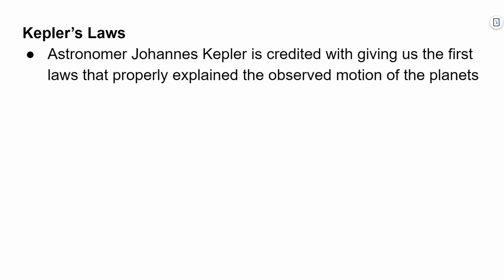So, there was an astronomer named Johannes Kepler, and he is credited with giving us the first laws that properly explain the observed motion of the planets. As I'm sure you know from history classes and from other science classes, there were many scientists who came before him who tried different models of the solar system, and they gave reasonable explanations that explained the data that they had, or later on partially explained the data that they had.